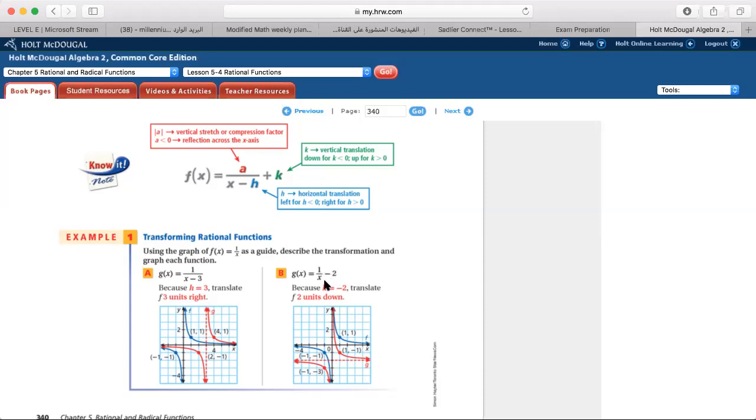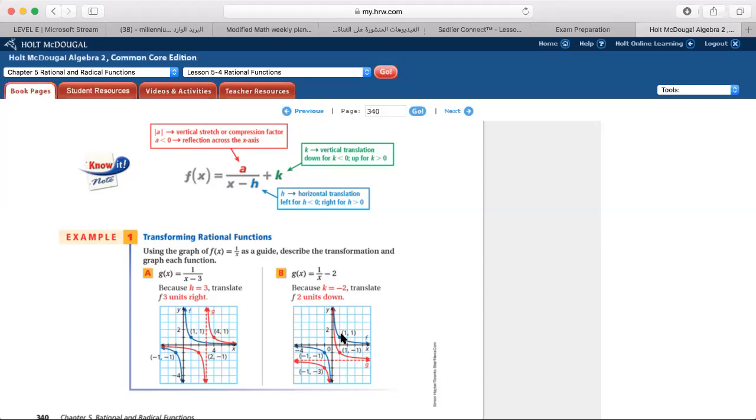K is -2, so translate f 2 units down. Okay, girls, so the whole hyperbola will be translated 2 units down, because it is a vertical translation down 2 units.